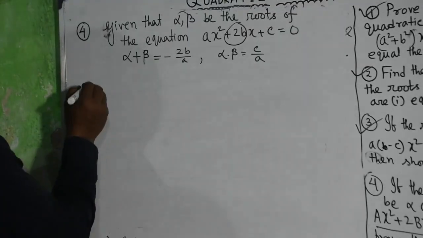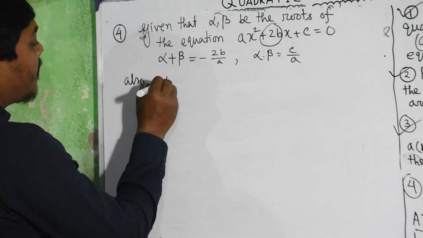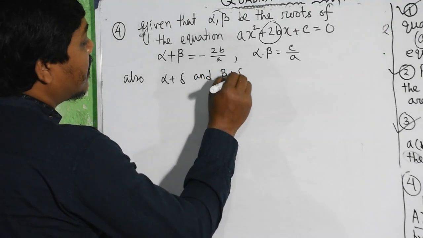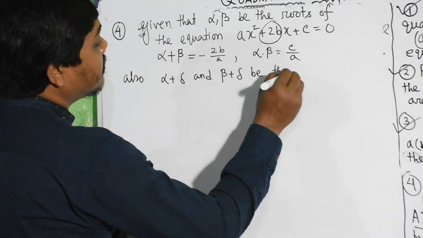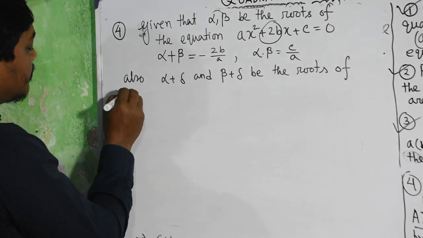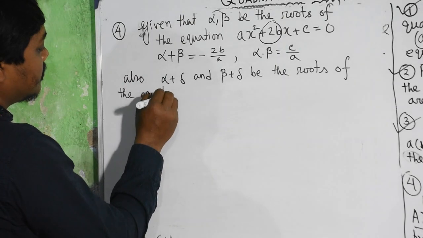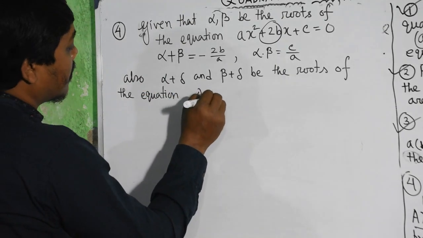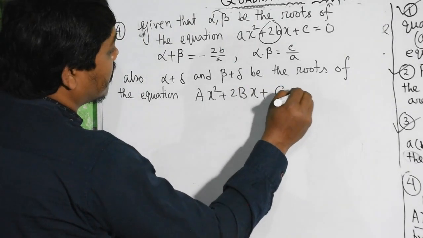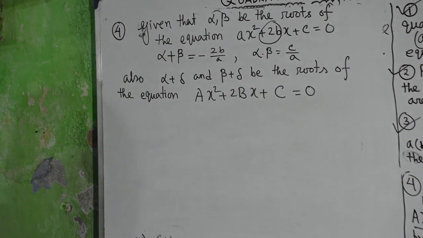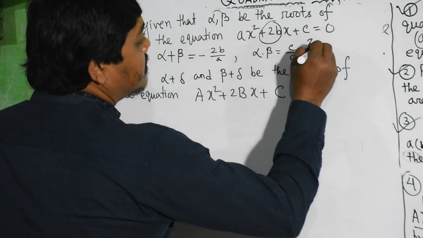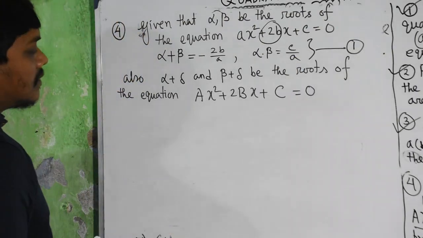Okay, and also alpha plus delta and beta plus delta be the roots of the equation capital Ax square plus capital 2bx plus capital C equals to 0. So we write down these two equations as equation number 1.